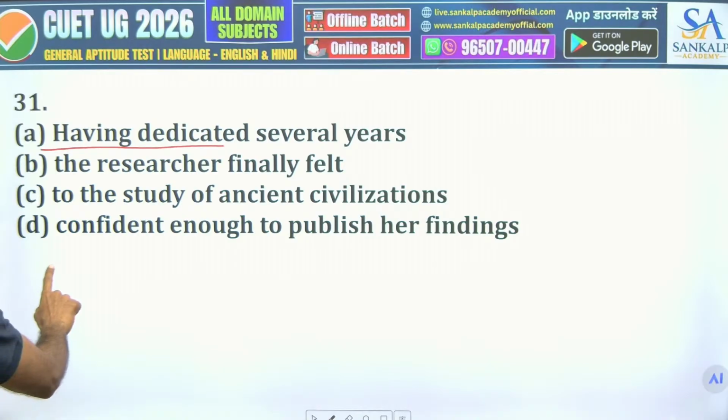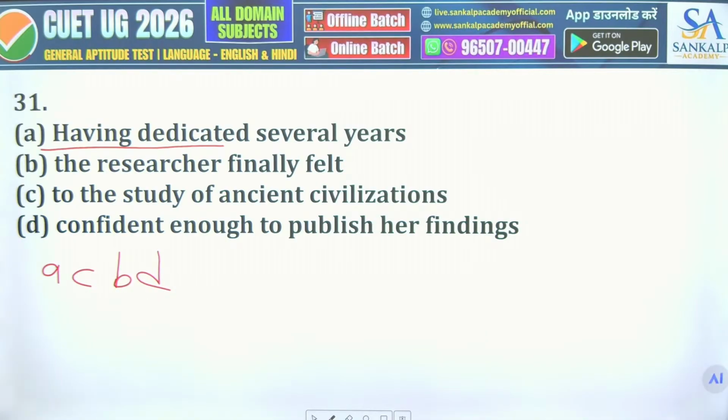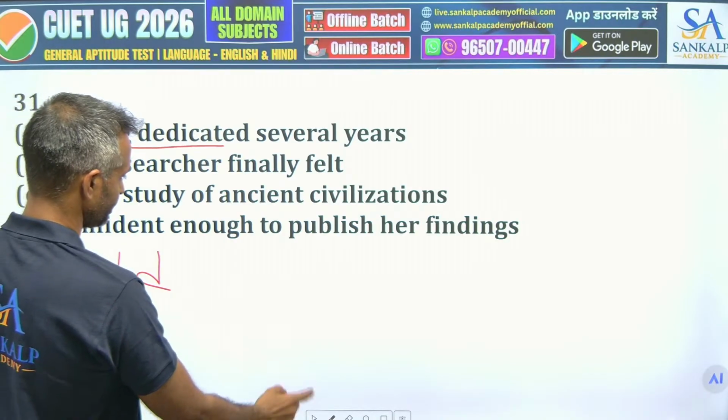So it is A, C, B, D. Having dedicated several years is the completed action, so it will come first. That is the only option here. Good. Next.